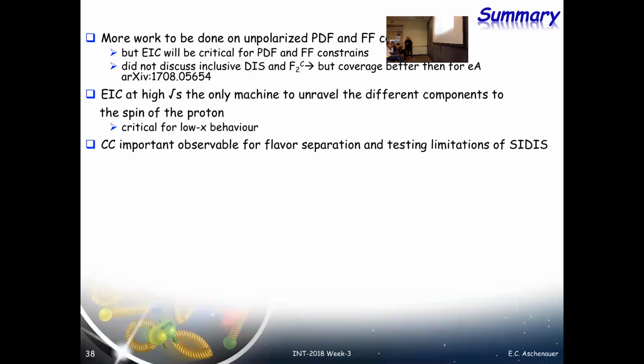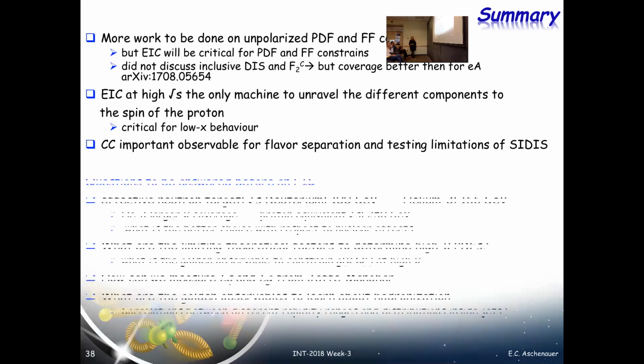But we have done that study for nuclear PDFs, and the coverage will be much better because we have a larger reach in x and Q squared than our study here. High square root s is the only machine to unravel the different components of the spin of the proton, and especially critical to the low x behavior, which we will hear from Yuri. Charged current is an absolutely important observable to flavor separate and test limitations of QCD.